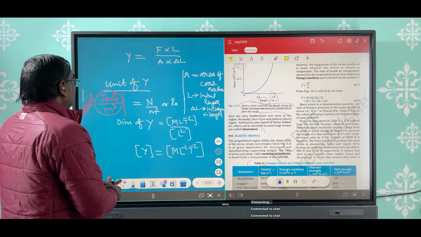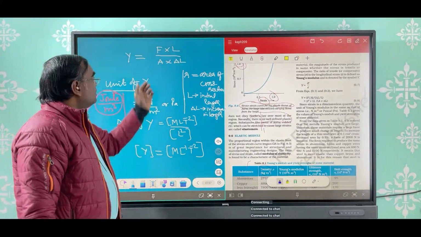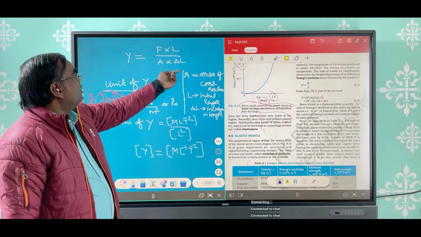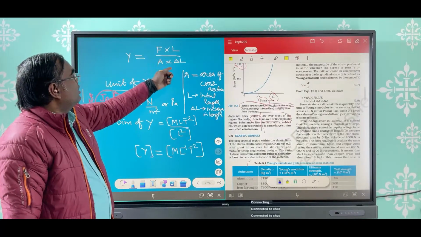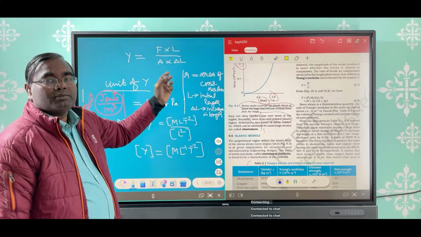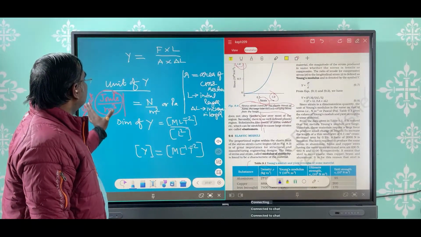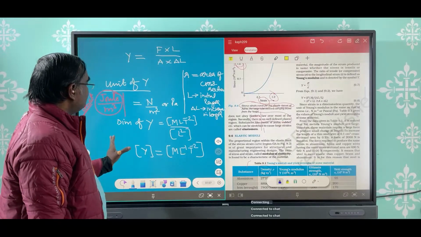That is tricky. You must notice here F into L, that is the joule, and area into length, meter cube. So Young's modulus unit can again be written as the joule per meter cube.